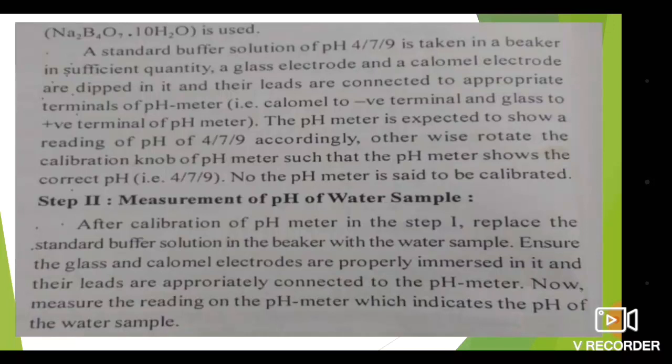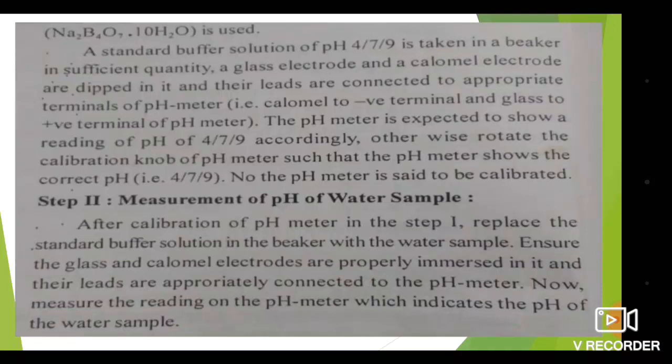Standard buffer solution of pH 4, 7 or 9 is taken in a beaker in sufficient quantity. A glass electrode and a calomel electrode are dipped in it, and their leads are connected to the appropriate terminals of the pH meter: the calomel to the negative terminal and the glass to the positive terminal of the pH meter.